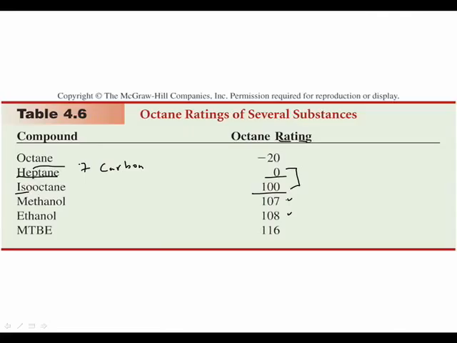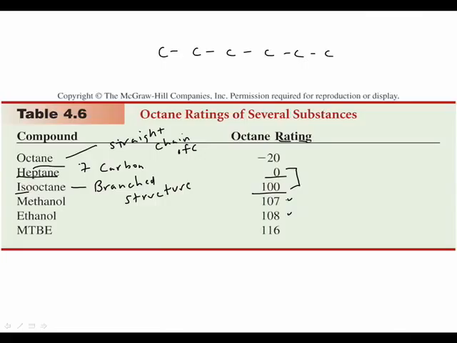This is a branched structure. You can take a look at it in your textbook, and this is just a straight chain of carbons. So this one just looks like this. These are all covalent single bonds. 1, 2, 3, 4, 5, 6, 7, 8.